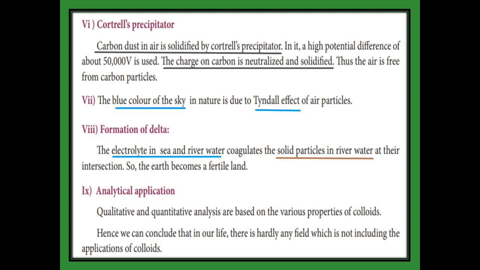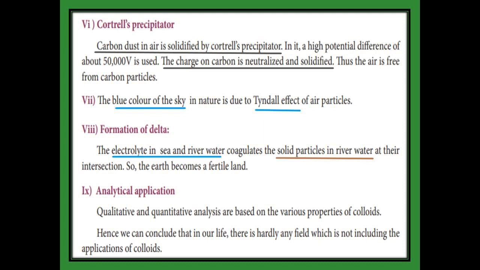Then the charge of the carbon is neutralized and it is also precipitated, that is called solidified. Then the air is now free from the carbon particles. The carbon particles, because of electricity, get precipitated and then the air is free from the carbon. So this Cottrell precipitator is used to purify the air.